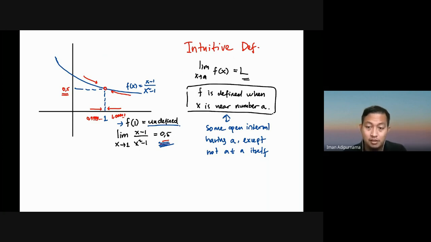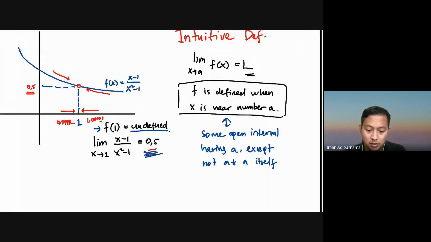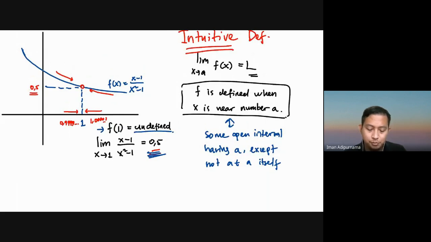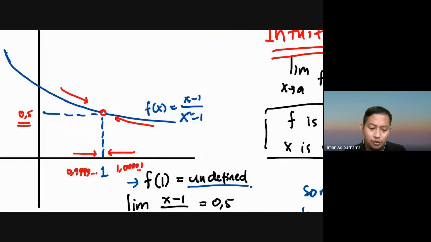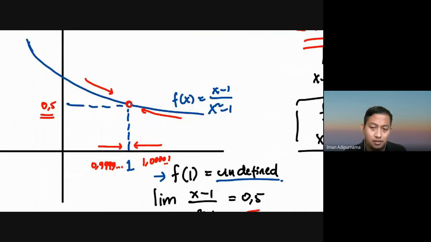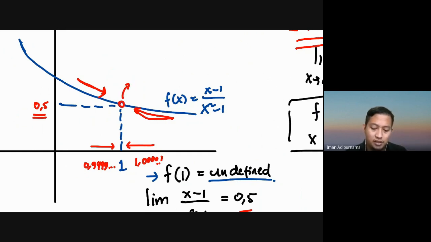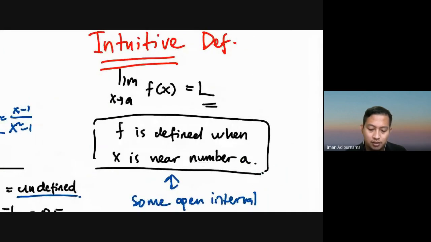But intuitive means, if you see this graph here, our minds say that if we are moving from the left and from the right, it will go into some number. We call the number here L, which is a real number.